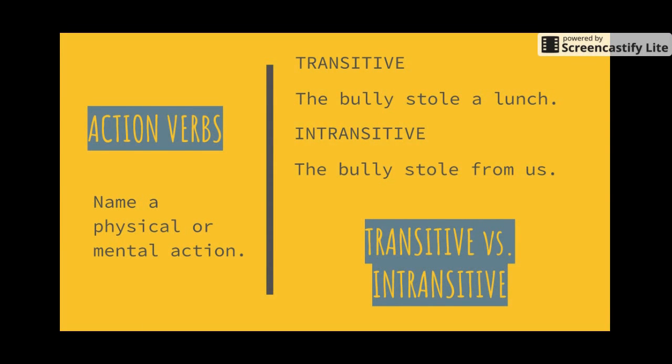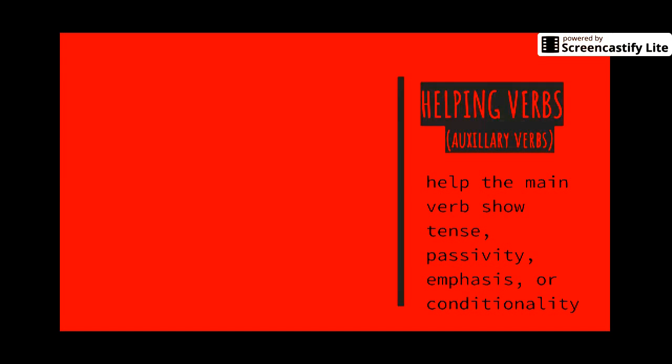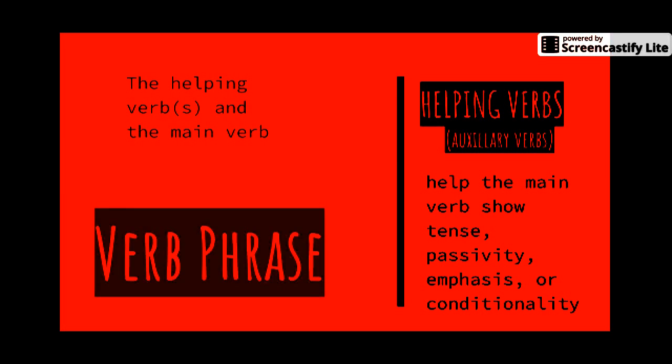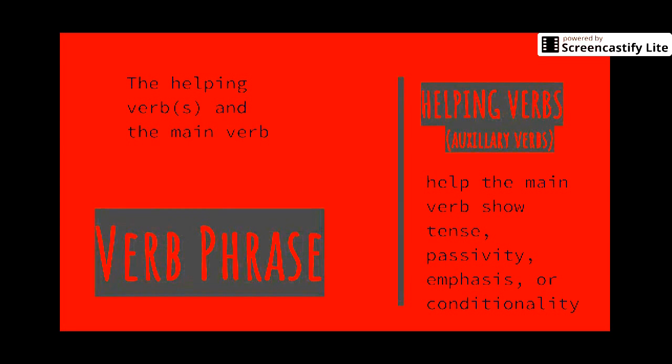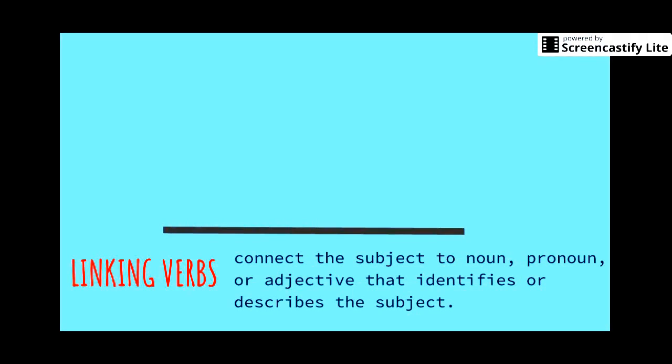Action verbs name a physical or mental action, and they can be divided into 2 types: transitive, which shows action being transferred to a direct object, and intransitive, when the action is just happening and there's no direct object in the sentence. Helping verbs, also called auxiliary verbs, help the main verb show tense, passivity, emphasis, or conditionality. The helping verb, or verbs, and the main verb form the verb phrase.